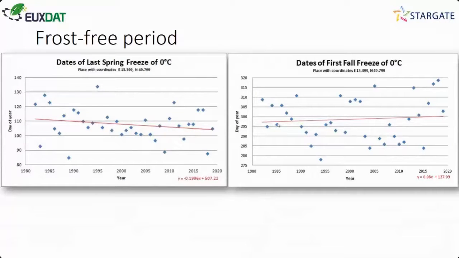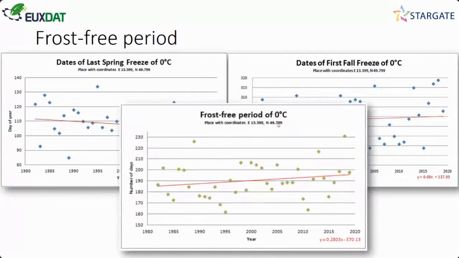But if you look at the next graphs carefully, you will see that in almost all of them there is some trend of change. That's just a side note. From this, I can calculate the length of the frost-free period, and you can see in our place of interest, it's getting longer and longer.